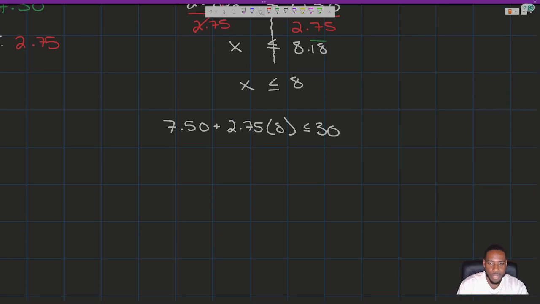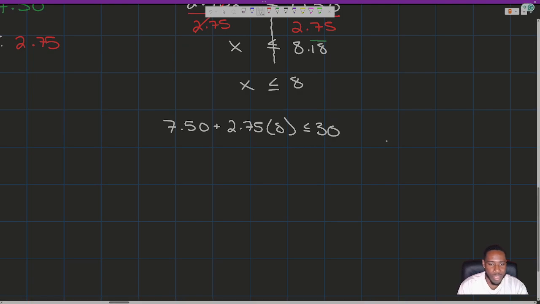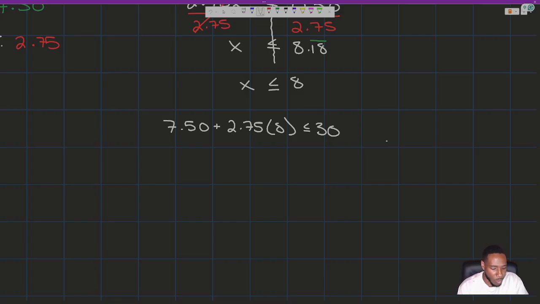Actually, we don't need to draw our line here because we're not solving. So the first one we can do is 275 times 8. And if we type that into our calculator, we end up with 22.